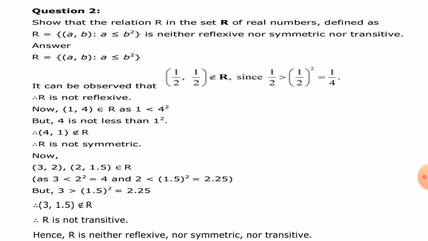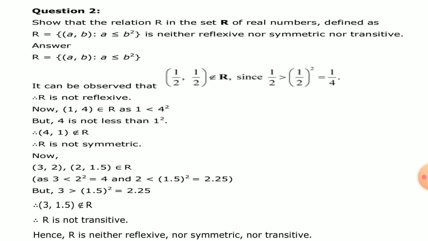Next, question number 2. Show that the relation R in the set of real numbers defined as R is equal to the ordered pair (a, b) where a is less than or equal to b squared is neither reflexive, nor symmetric, nor transitive.